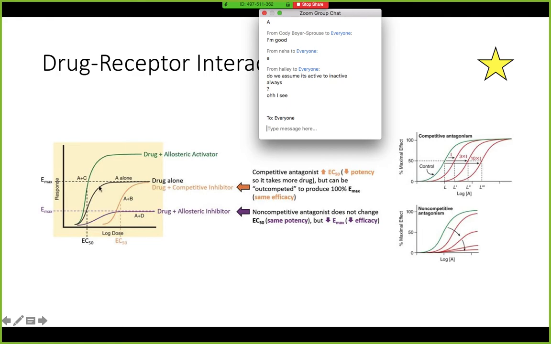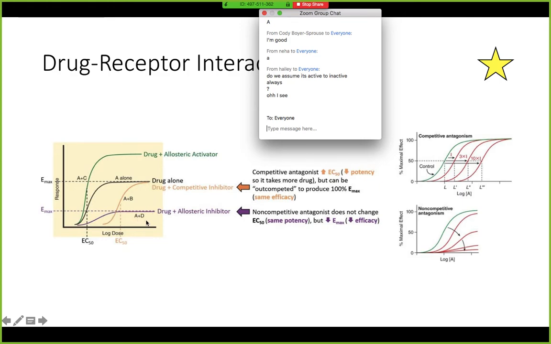If you have an increase in EC50, you get a right shift. And this means that the drug is less potent, but it can be outcompeted to produce 100% Emax, so the efficacy stays the same. So remember, with a competitive inhibitor, you're going to have decreased potency, but your efficacy will stay the same.